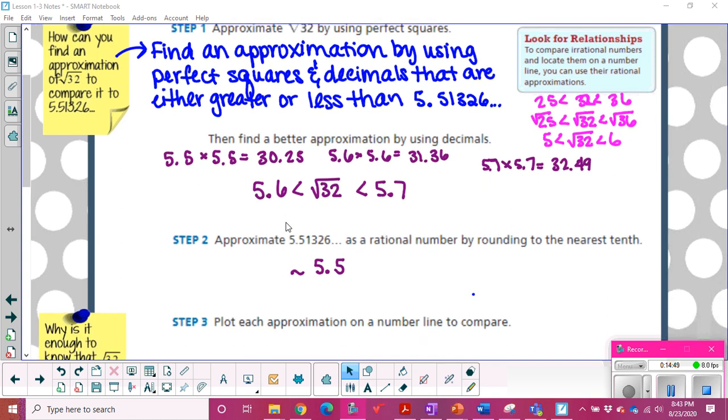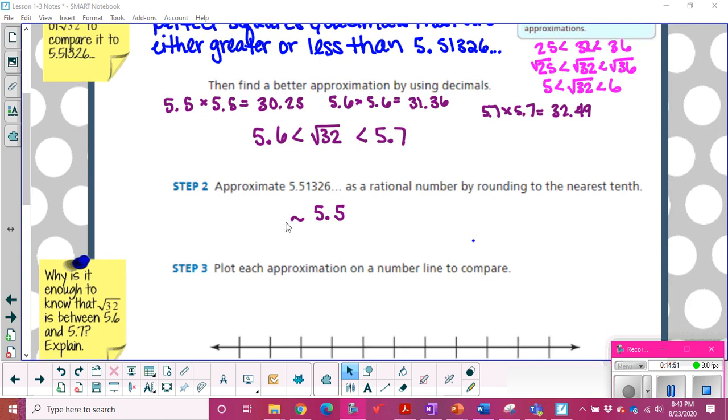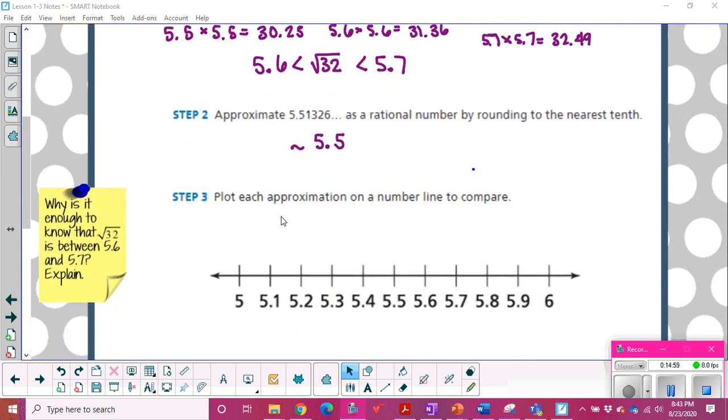Now I want to plot each approximation on a number line to compare. My 5.5, which is my approximation of 5.51326, is going to go right here on 5.5.